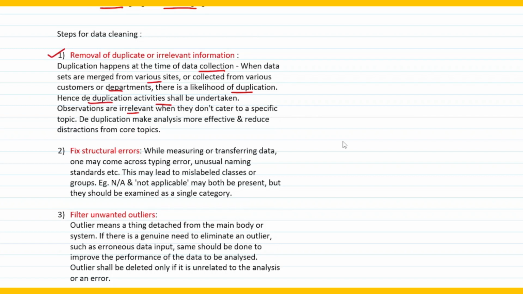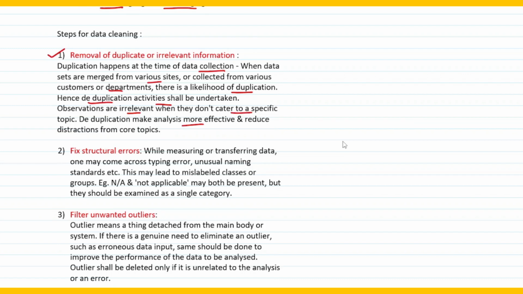Now observations are irrelevant when they don't cater to a specific topic, right? You have collected a lot of data, but supposedly whatever the task of your data collection is, if the material that you have collected is not relevant to it, then obviously that has to be removed. So that's what this point talks about. It says that observations are irrelevant when they don't cater to a specific topic. Deduplication makes analysis more effective.